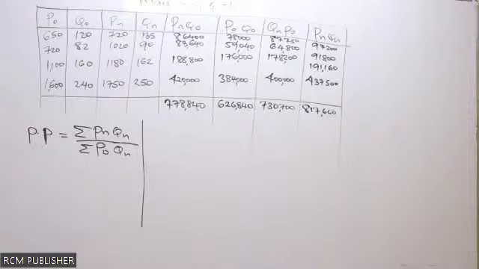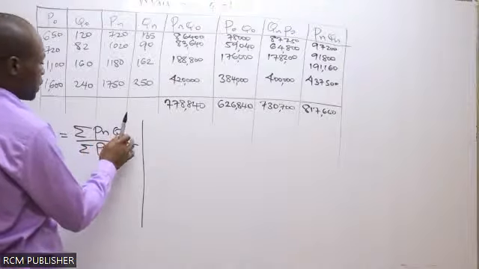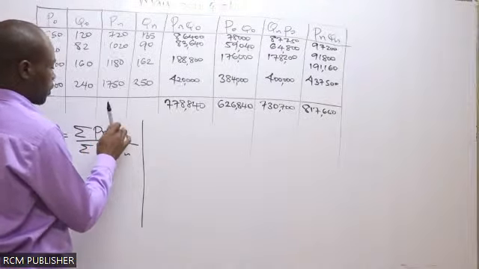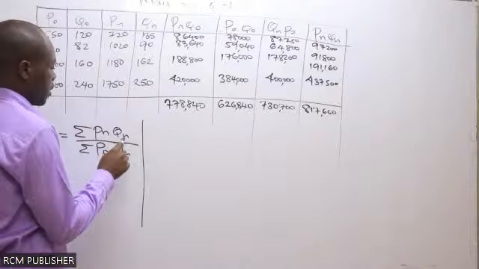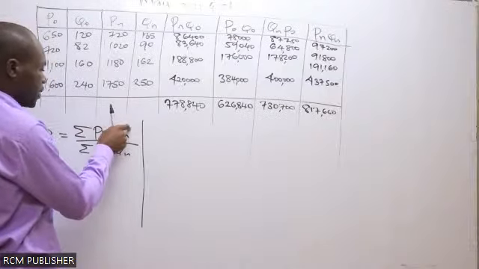Paasche was assuming that the weight is the quantity of the current period. So our current period is this one represented by N, and therefore it represents the weight.